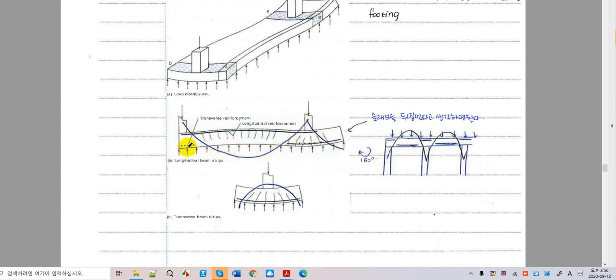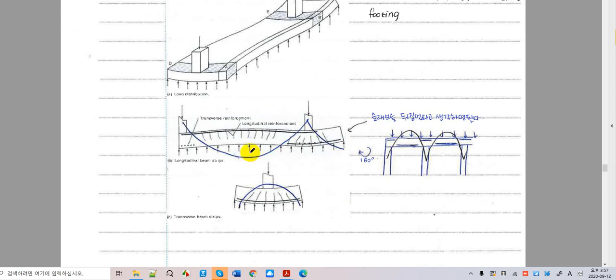And here, one thing you should know: this is now a negative moment, right? This is now a negative moment according to design conventions here. Very confusing, isn't it? But you can just think of everything in opposite directions. What is positive for a foundation can be negative for a slab, and this is positive.